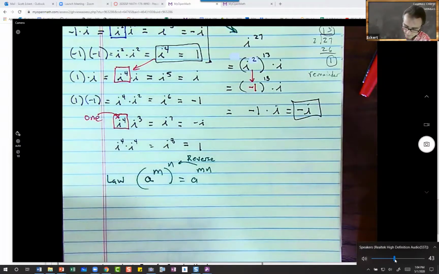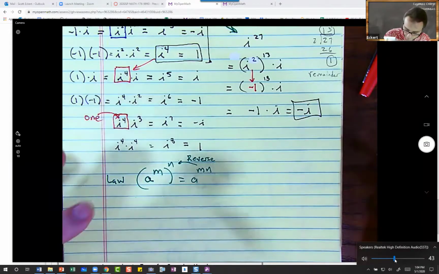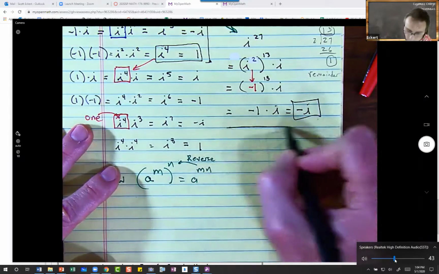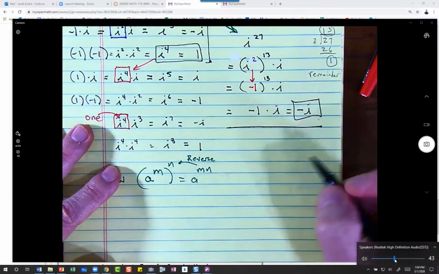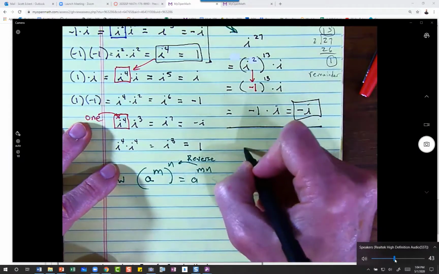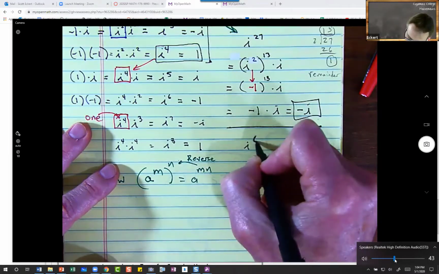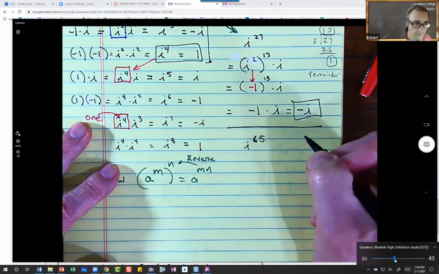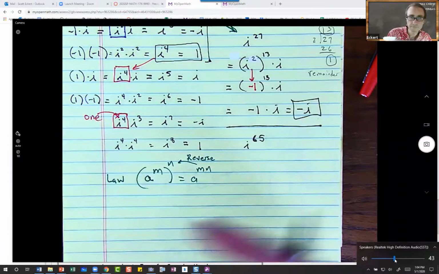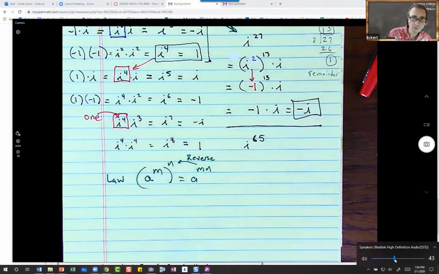Let's see. Here's another example. i to the 65 power. I want you guys to try it. Now, of course, you get it here, right?